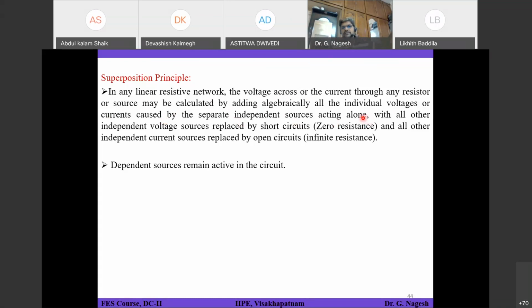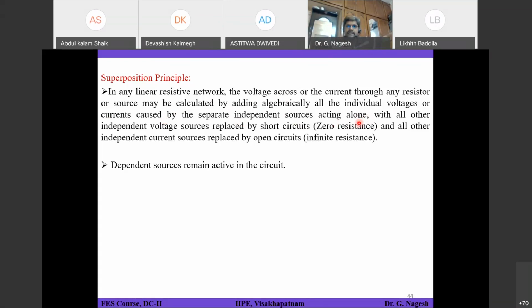So what it states is, if you have more than one independent source in a circuit, we have already seen that scenario, whether two voltage sources, a voltage source and a current source, or two current sources, whatever the combination, even 100 sources, no issue.